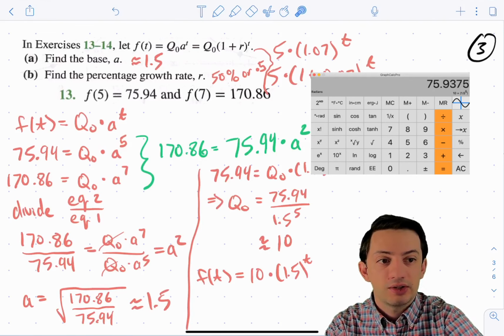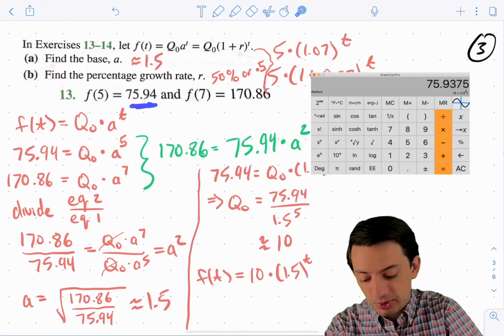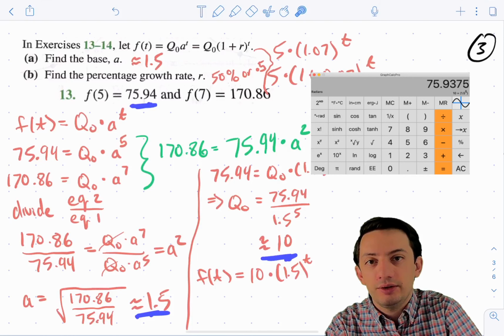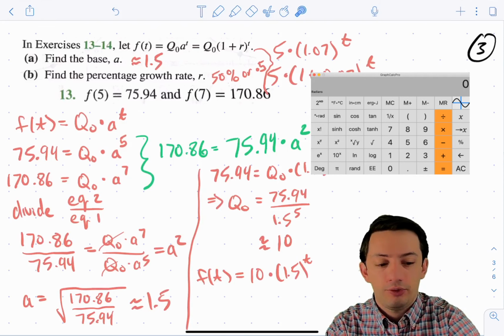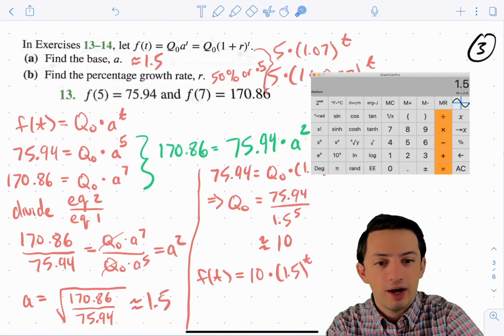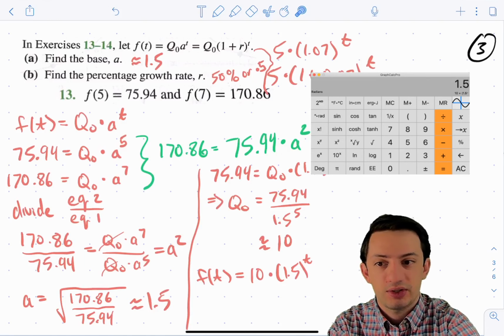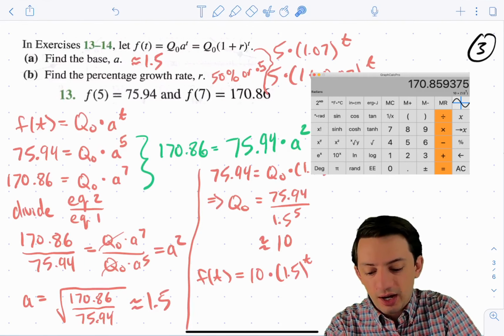Now it says 75.94. We don't have the wrong answer. That's just because we're doing these approximations here. And let's check the other point. If we do 10 times 1.5 to the seventh power, 170.859, and we were expecting 170.86. So not exactly, but close enough. Good. So we checked our answers there.